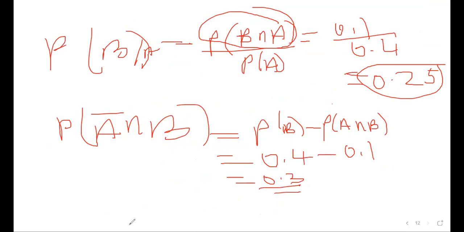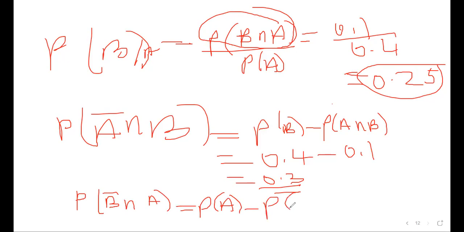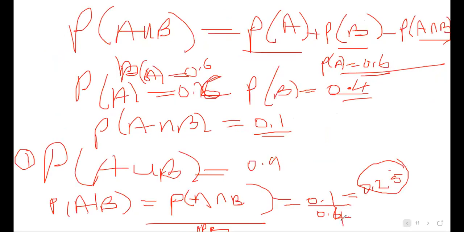Then, if I had to find the probability of B complement intersection A, it is equal to the probability of A minus the probability of B intersection A. So the probability of A, we have to check for it.